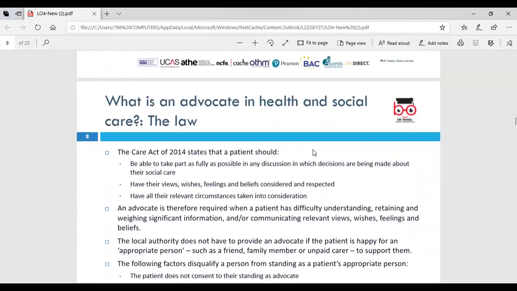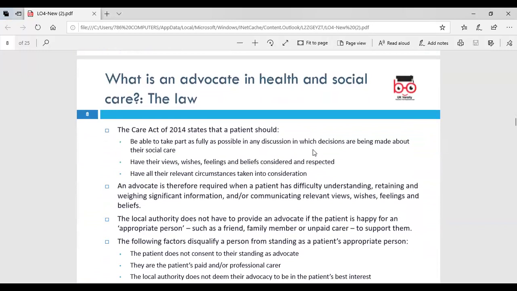So what is an advocate in health and social care? The law, what does it state? The Care Act of 2014 states that the patient should be able to take part as fully as possible in any discussion in which decisions are being made about their social care.